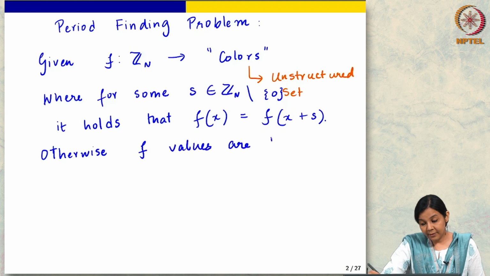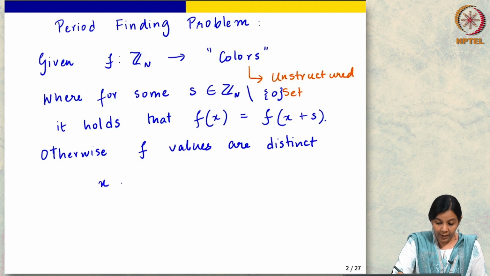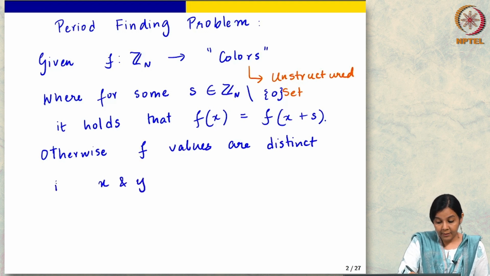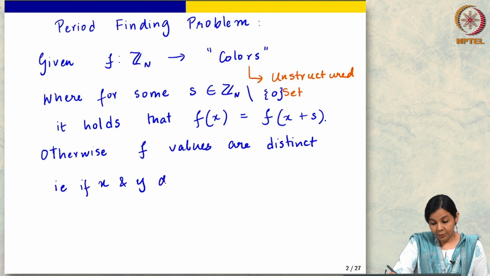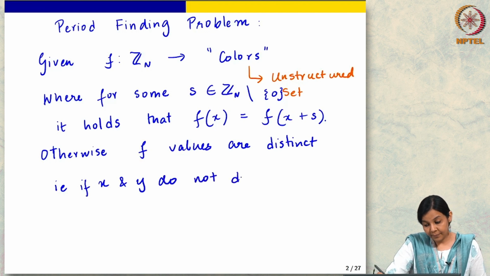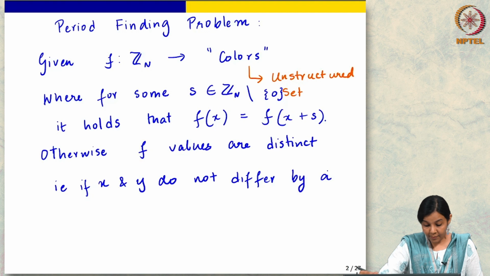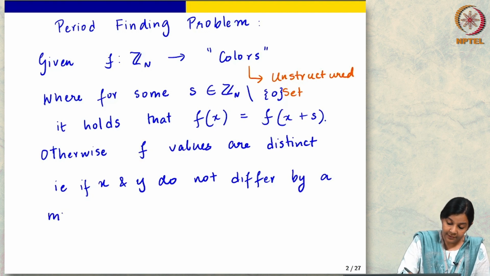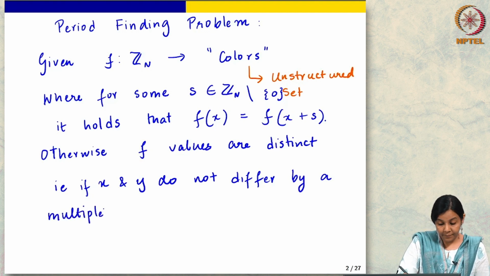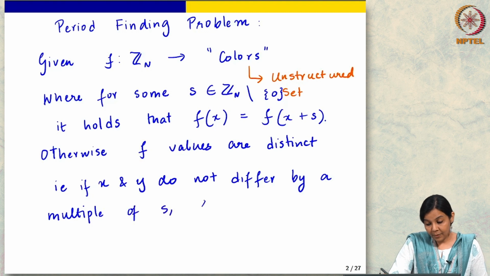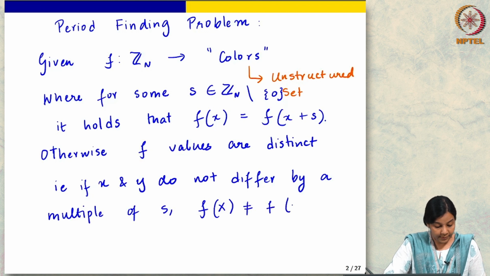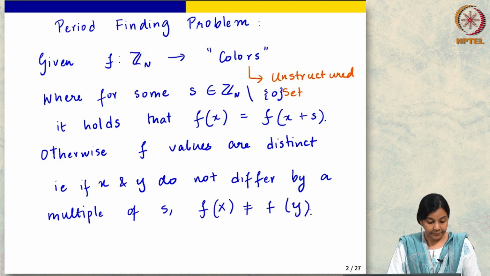f values are distinct. So basically, if x and y do not differ by a multiple of s, then f(x) is not equal to f(y).